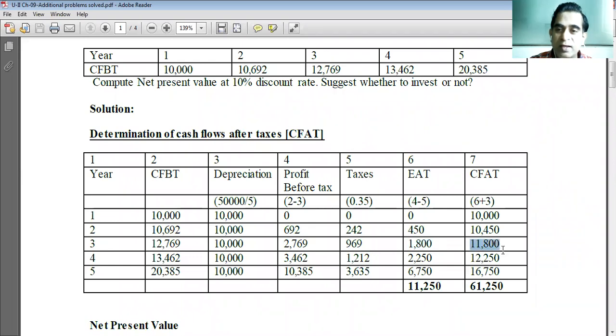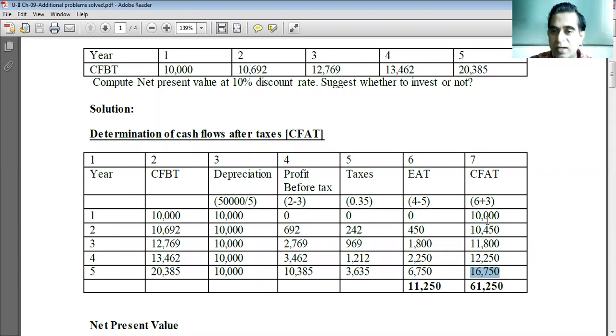In year 4, 10,000 plus 2,250 is equal to 12,250. In year 5, 10,000 plus 6,750 is equal to 16,750 rupees CFAT.